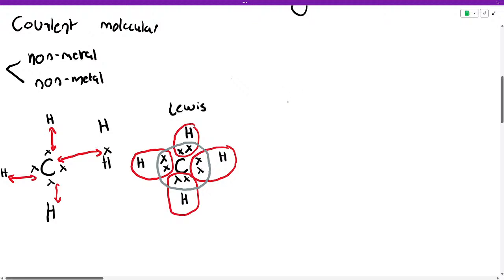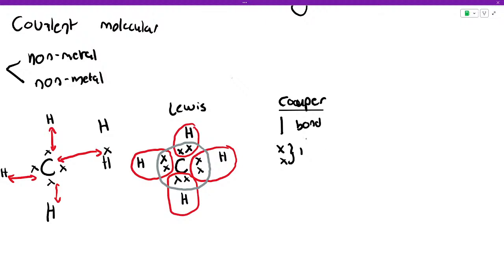But then for a Couper, let's say Sir doesn't specify what he wants. 90% of the time, you should do Lewis and Couper, but Couper will be your final answer. So Couper indicates the bonds with a line. Here's how you know how many lines to draw. It's based on electrons. Let's say I have two electrons. This is one pair, therefore one bond.